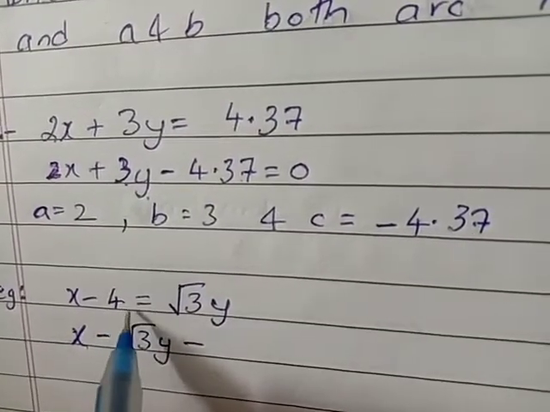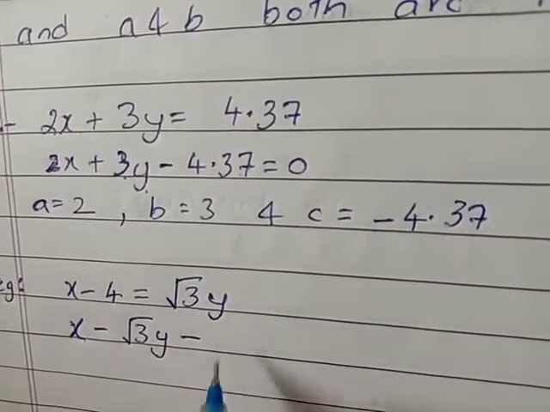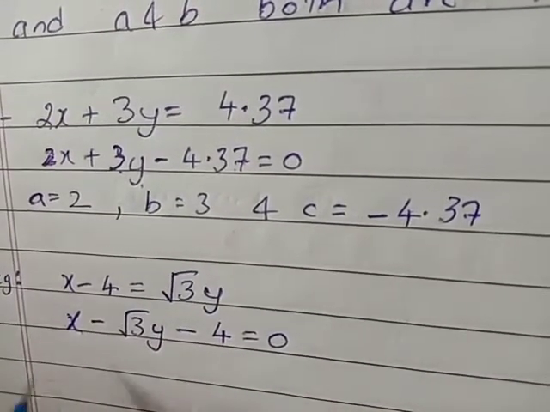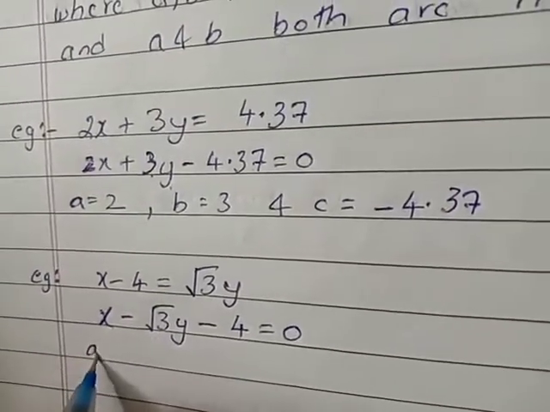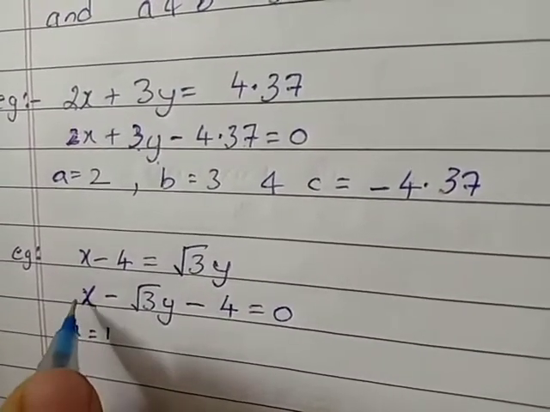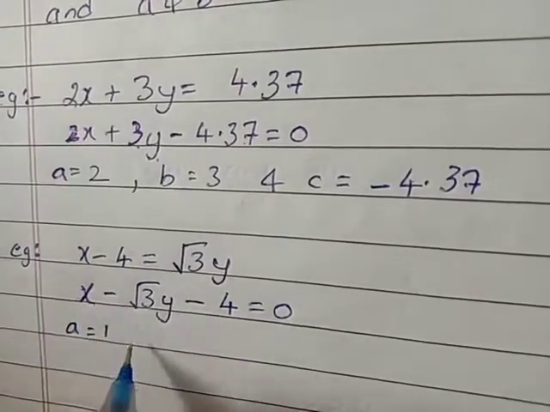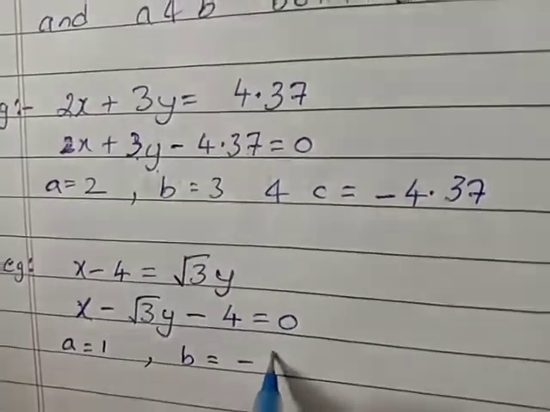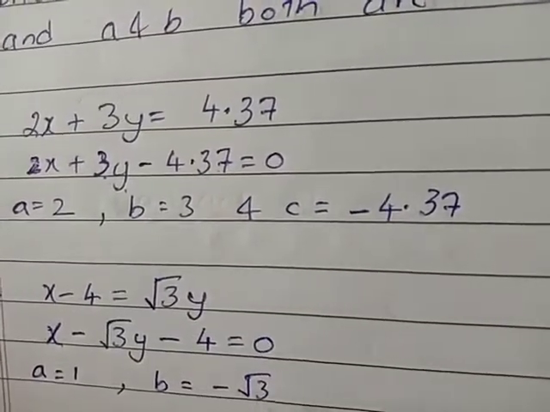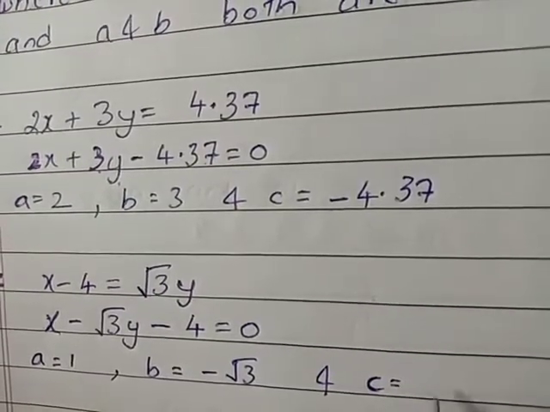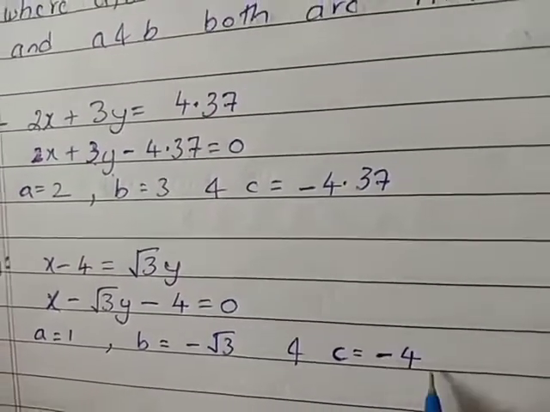Here you can write plus, since the sign is minus, so you have to copy the sign, minus 4 equal to 0. Now what is the value of a? It is 1. ax means 1x. What is the value of b over here? It is minus root 3. And what is the value of c? It is minus 4.